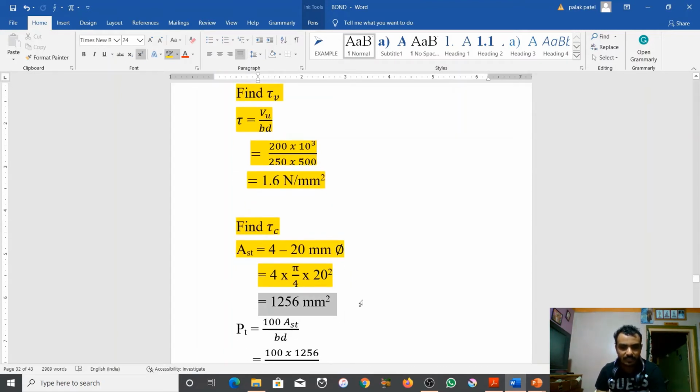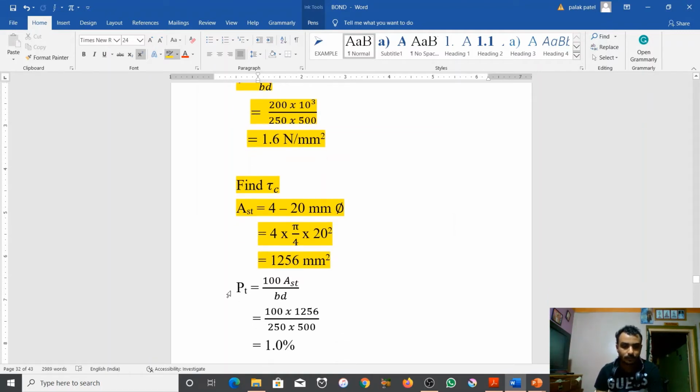So Ast is 1256 mm square. This is the area of steel at the tension zone. Then pt is 100 Ast upon bd, so 100 into 1256 divided by 250 into 500. So pt by this equation is 1.